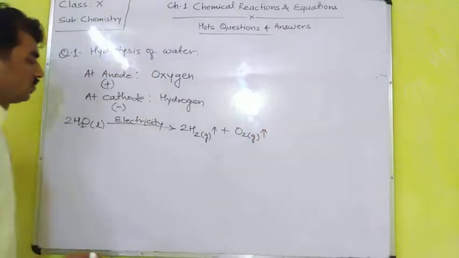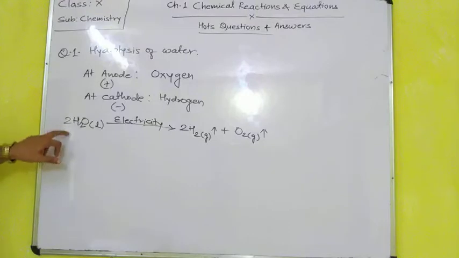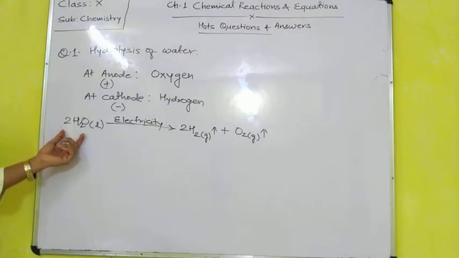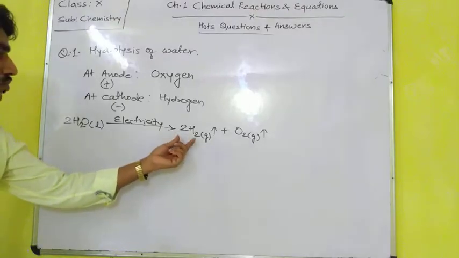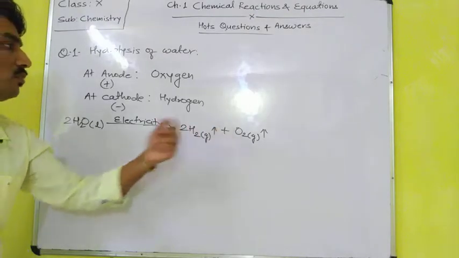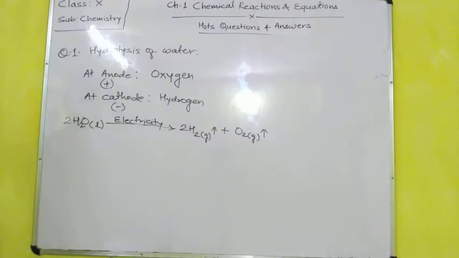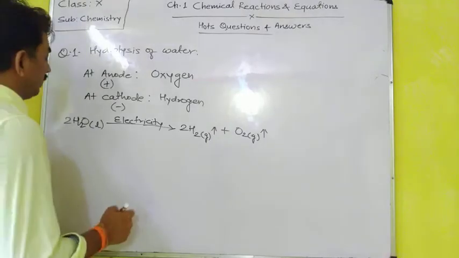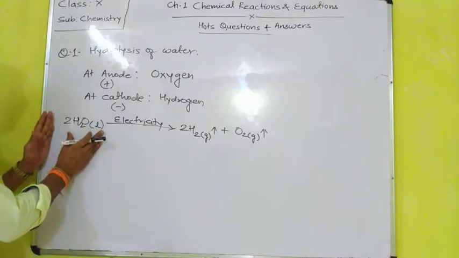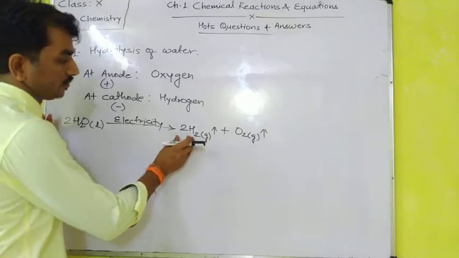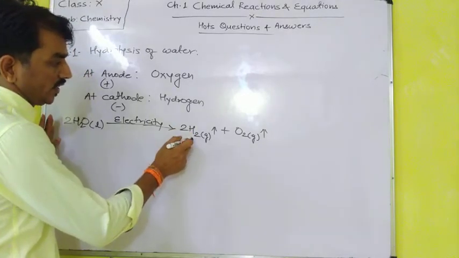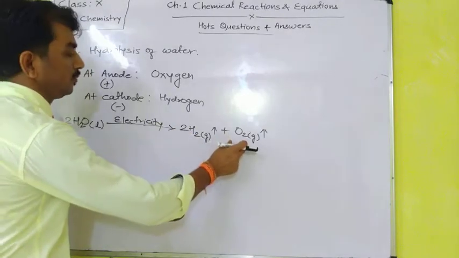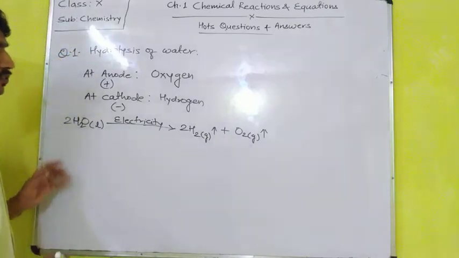When 2 moles of water break down, 2 moles of hydrogen gas are produced and 1 mole of oxygen gas, half the moles of oxygen.